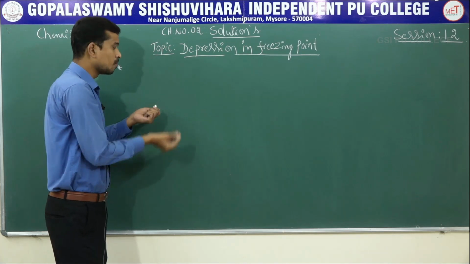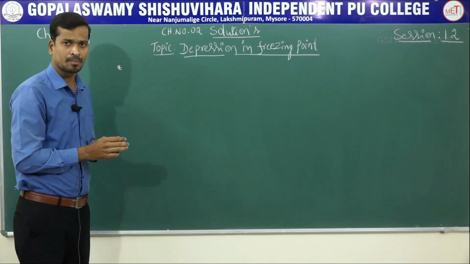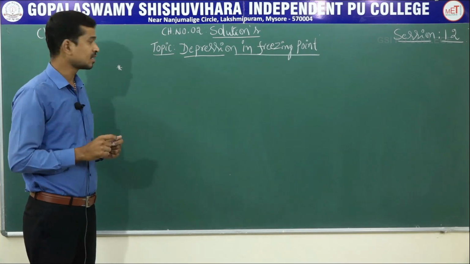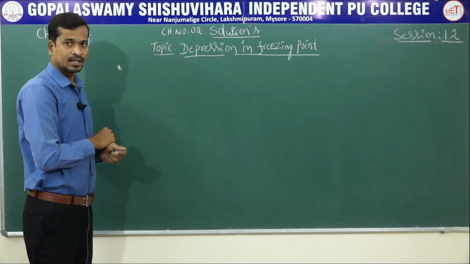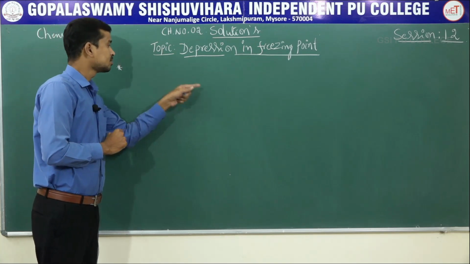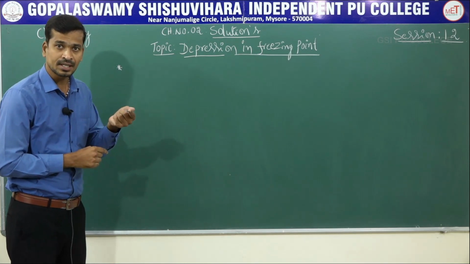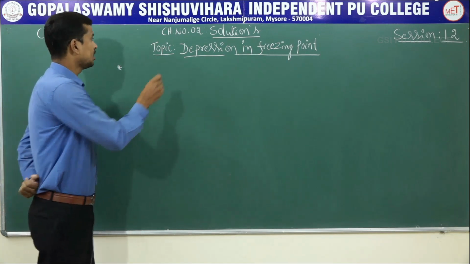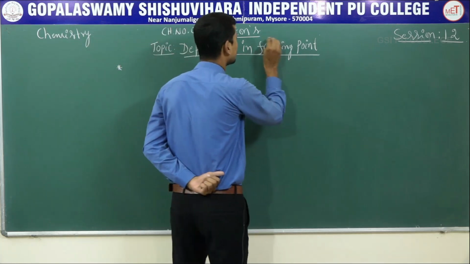It requires more heat to increase the vapor pressure to atmospheric pressure. This kind of elevation means an increase in the boiling point, indicated as delta TB. Delta TB is proportional to the molality, the number of moles present in 1 kg of solvent. The next concept is depression in freezing point.